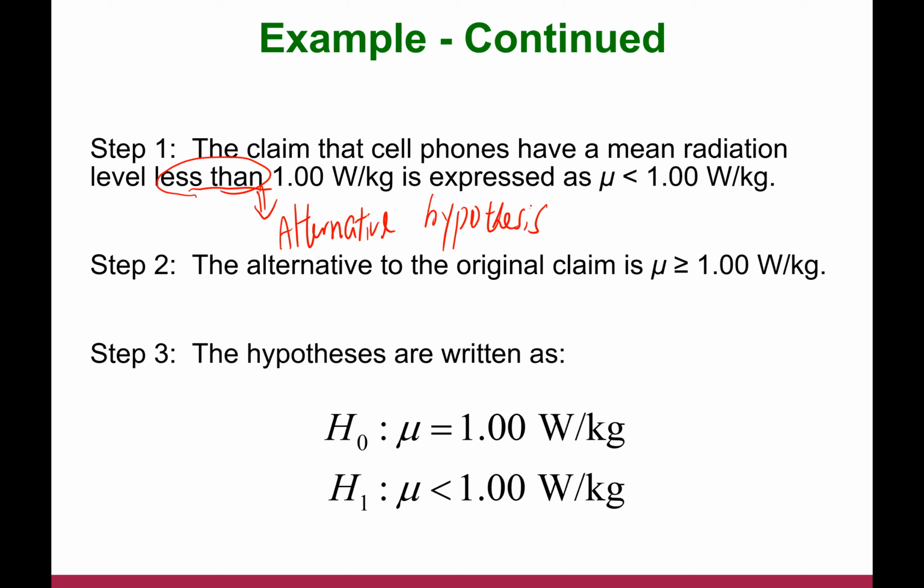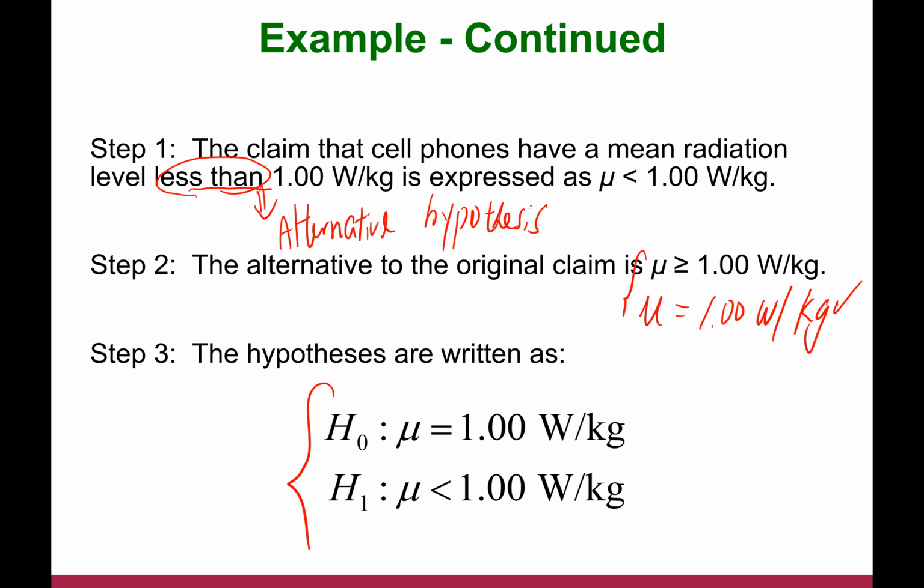The alternative to our original claim is mu greater or equal to 1.00 watt per kilogram. You can also do mu equal to 1.00 watt per kilogram. Either way you want to set up a null hypothesis, it's good. So now I'm going to pick the second option, mu equal to 1.00 watt per kilogram.